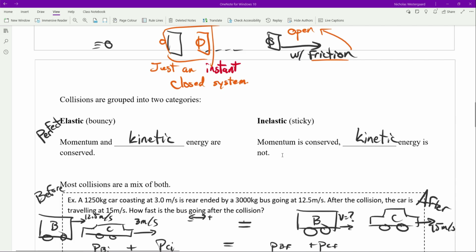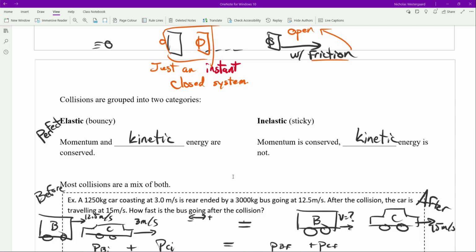And you're right, there is a law of conservation of energy. But just because energy is conserved doesn't mean that energy needs to stay as kinetic energy. If I think of a situation where a car is rear-ended by a bus, they're both moving, so they both have velocity.